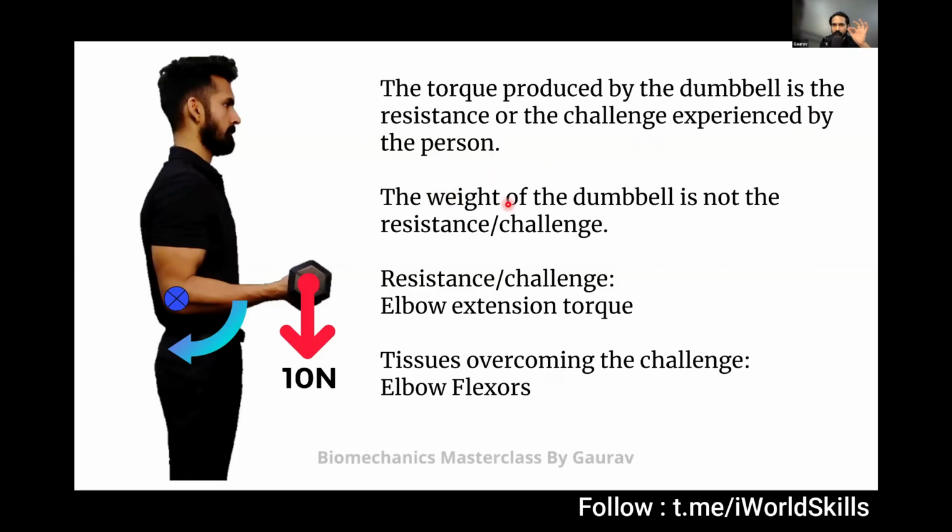The weight of the dumbbell is not the resistance or the challenge. We all as professionals use this term resistance training a lot, but do we mean what resistance actually is? What is resistance? It's the torque produced by the external force. That is the actual resistance. The weight in itself is not the resistance.